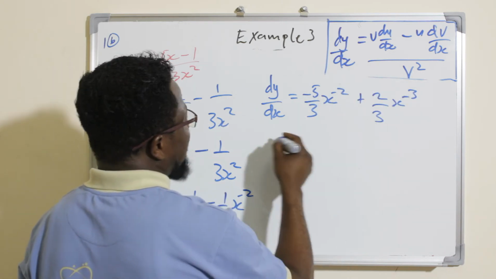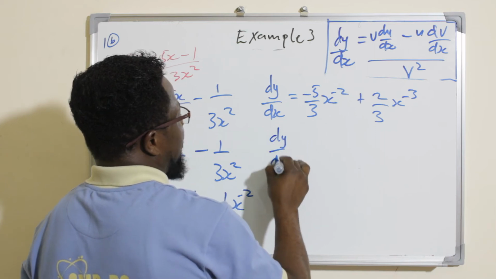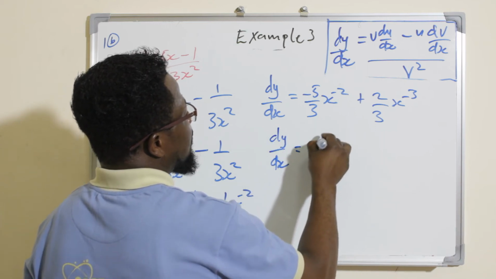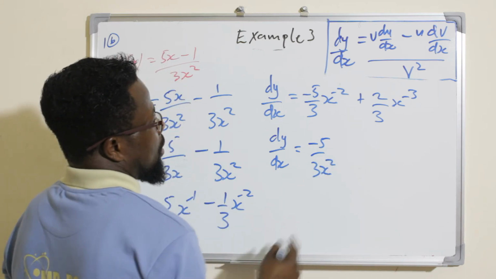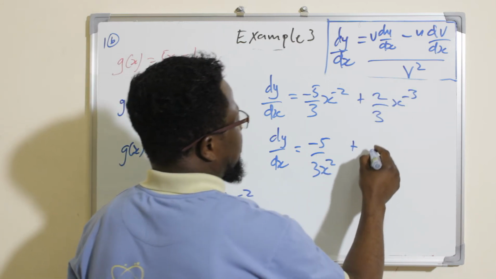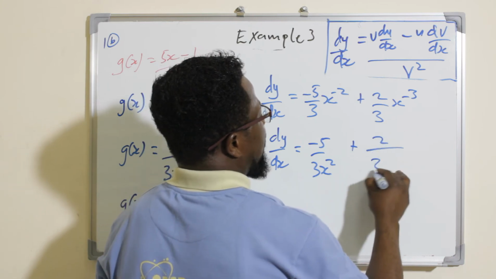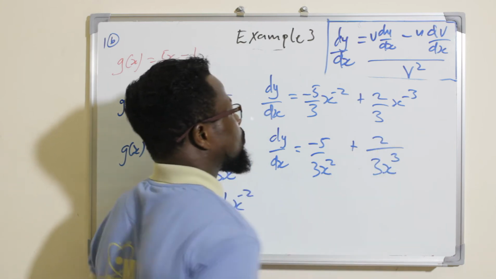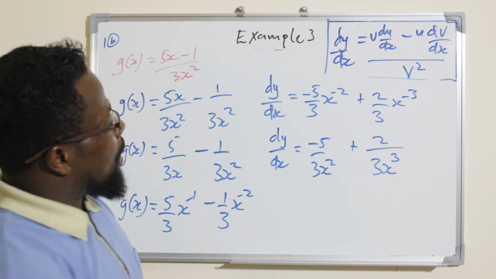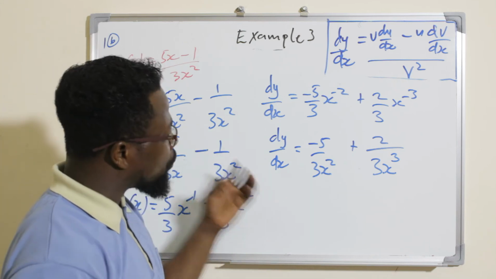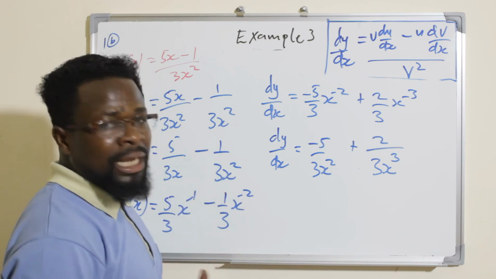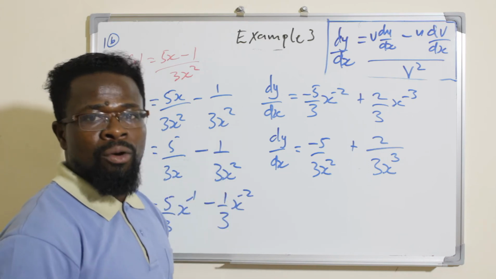So by doing that, I'm going to have dy/dx equals negative 5 over 3x squared plus 2 over 3x cubed. And when we see this, we can see that this is equivalent to the first one that we got when we used the quotient rule.